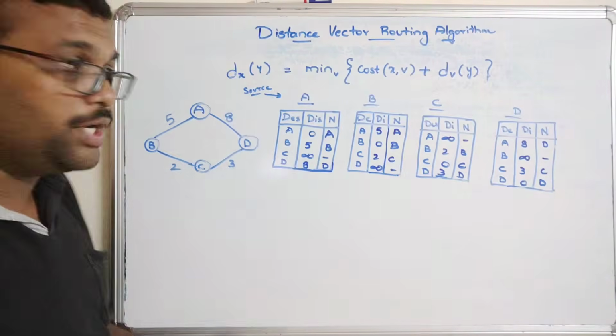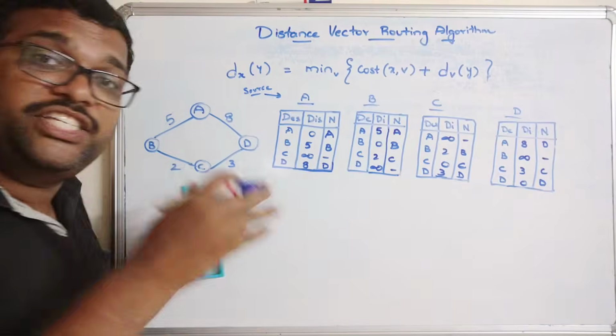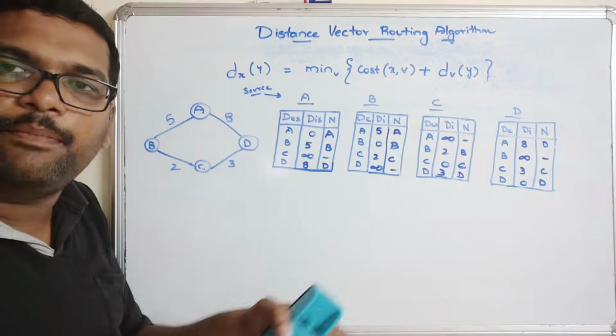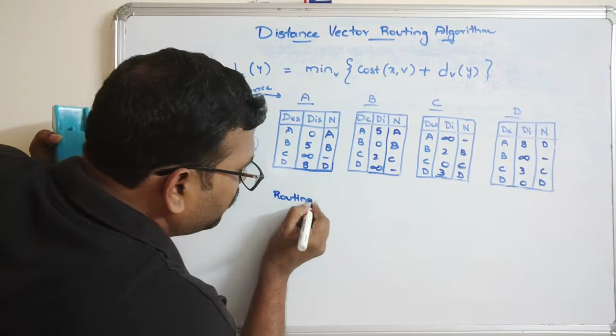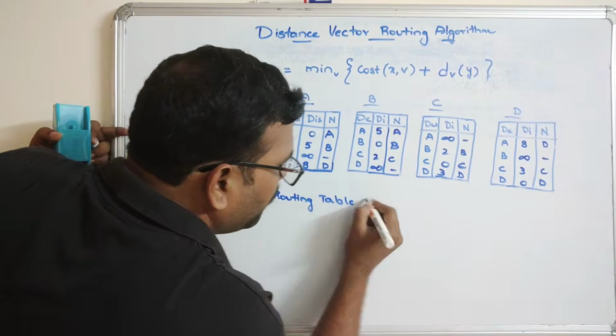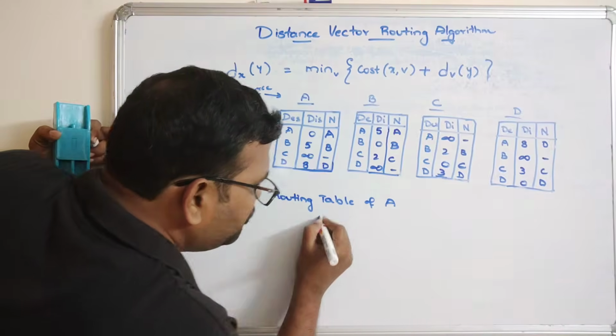Now in the second iteration, the routing table of A will be shared among its neighboring routers.